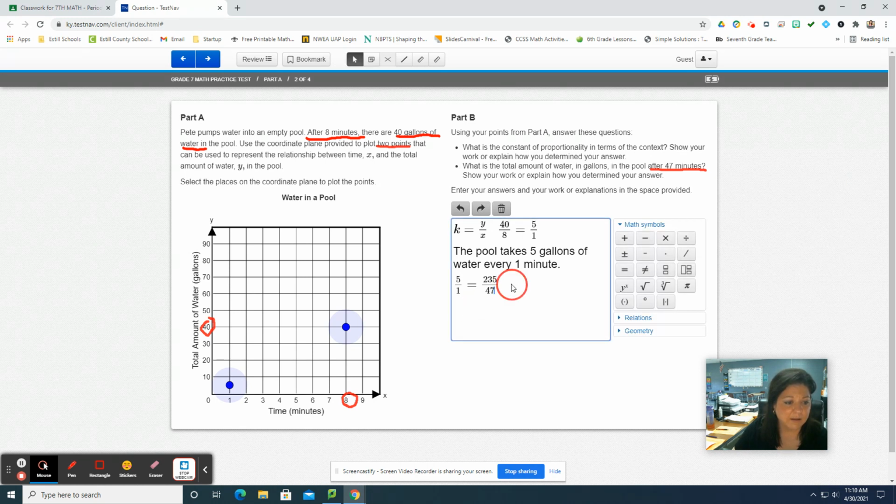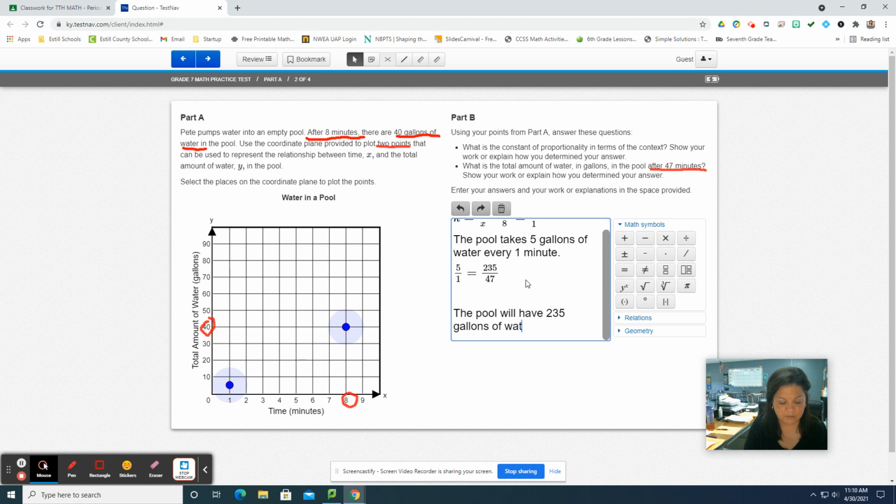So we would come back down here because we have to explain our answer. So we write, the pool will have 235 gallons of water in 47 minutes.